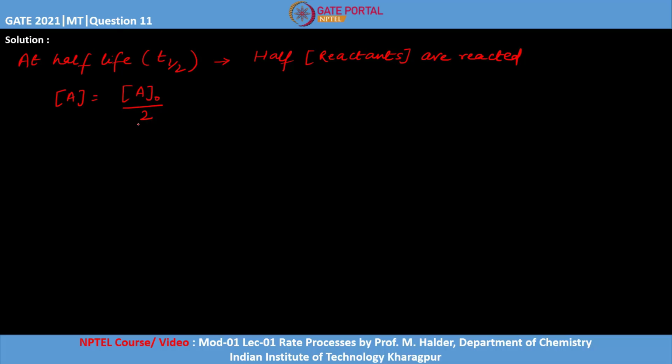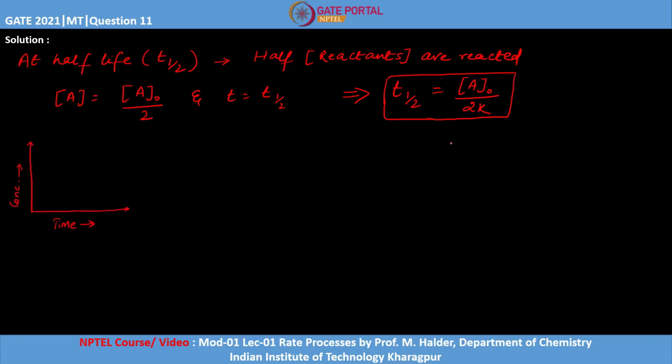So in the earlier equation, if you put A is equal to A0 by 2 and t is equal to t half, you will get t half is equal to initial concentration of the reactant upon 2K. So this will be the t half. So you can clearly see that half-life of the reaction for a zero order depends on the initial concentration of the reactant as well as the rate constant.